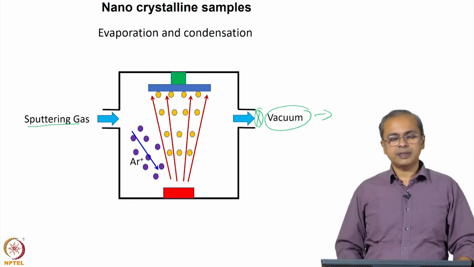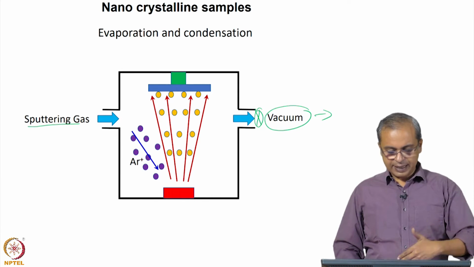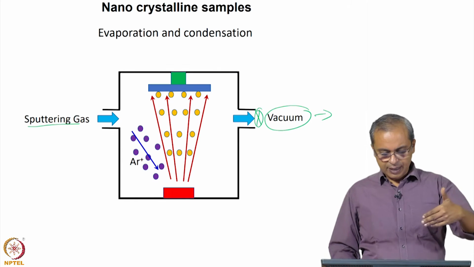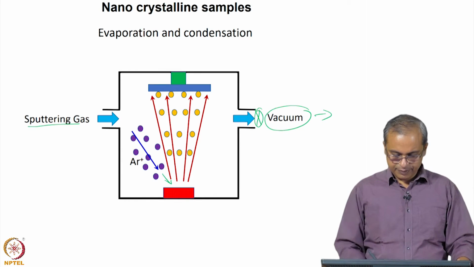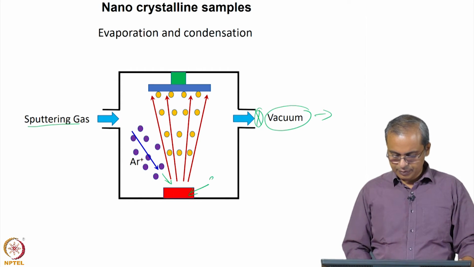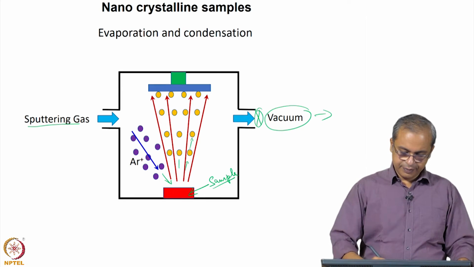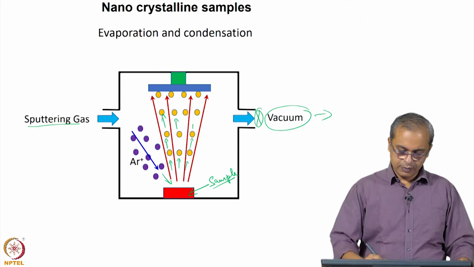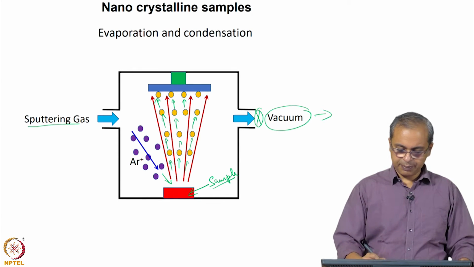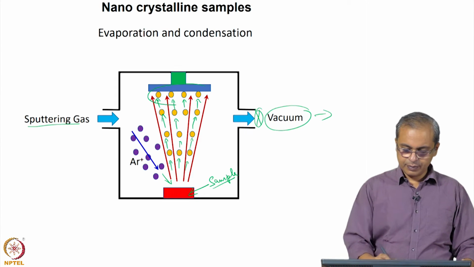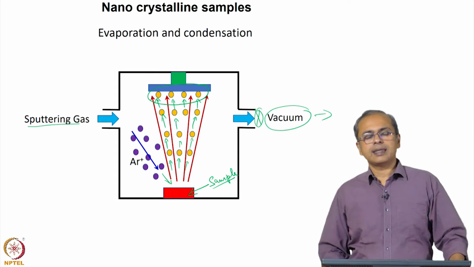Argon comes in, and then you set the right kind of conditions, it gets ionized, it comes and strikes the sample. And then when it strikes, again atoms are ejected, and they go and condense on the sample. So, this is the general process.